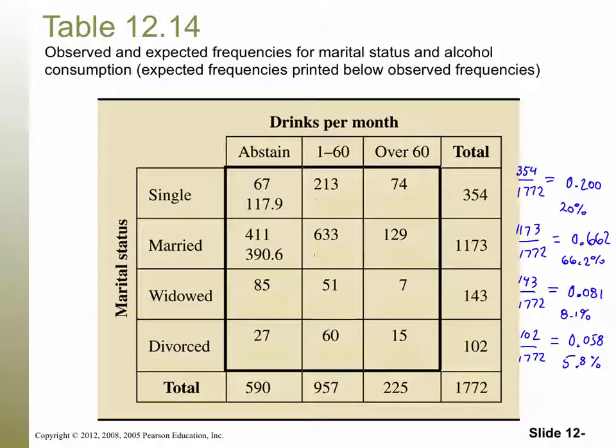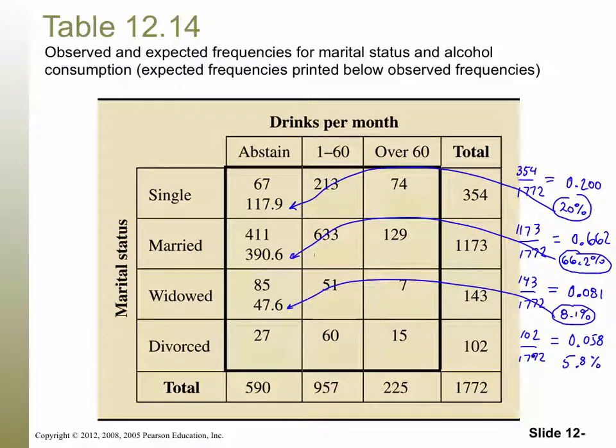Is that what you got? And what's 8.1% of 590? 47.6? And then 5.8% of 590.